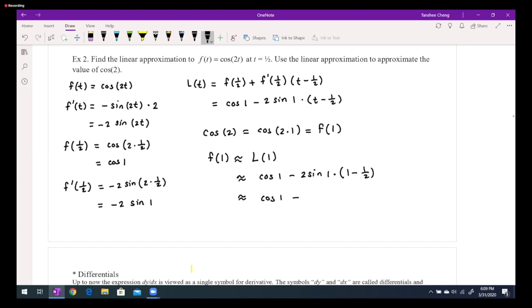Half times 2 is 1, so it'll be minus sine of 1. And you may leave your answer like this, or if you use the calculator and approximate it, this will become negative 0.30116879, and so on and so forth, right?